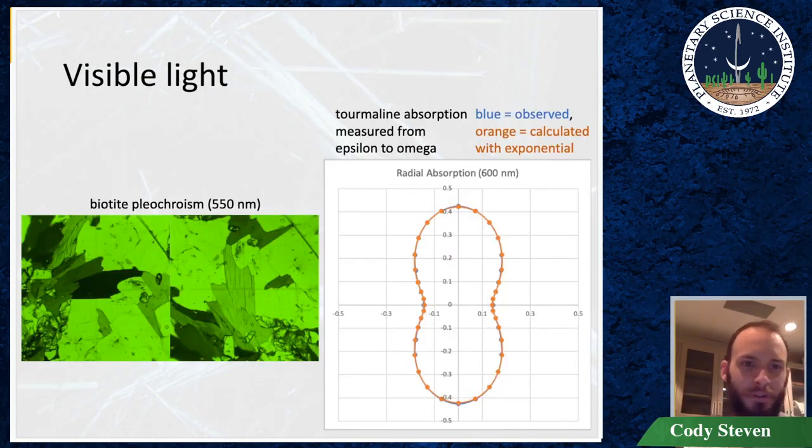So to analogize with visible light, this is biotite. If you've ever seen under a light microscope, pleochroism, in one orientation, a biotite crystal absorbs a lot of light, so it appears black. And if you rotate the stage, it transmits light.